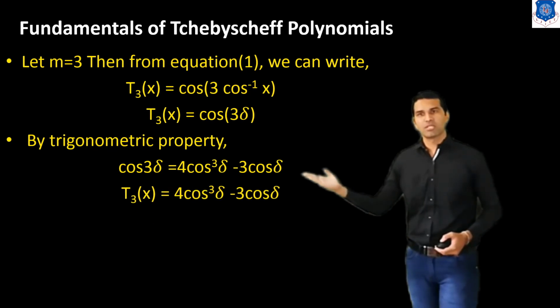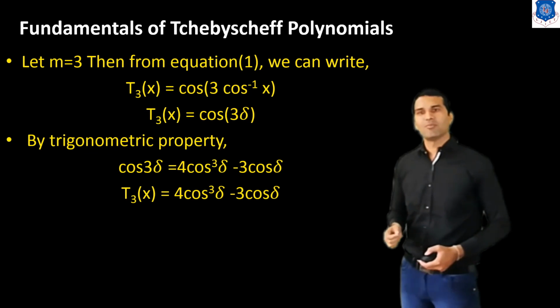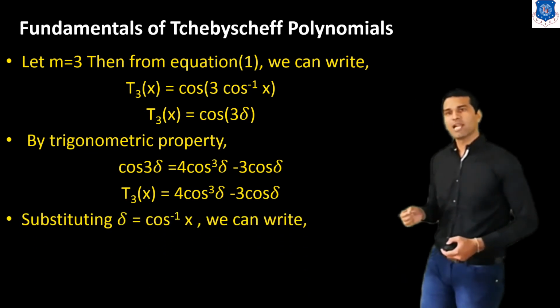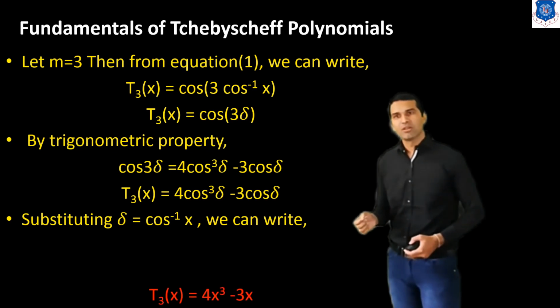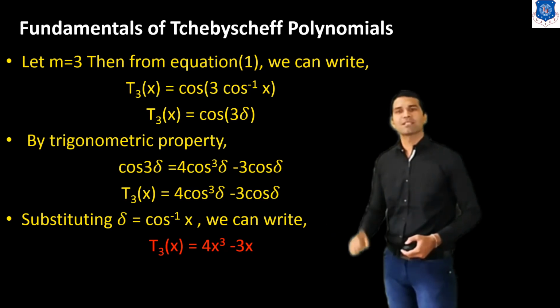Substituting delta equals cos inverse x, we get T3(x) equals 4x cube minus 3x.